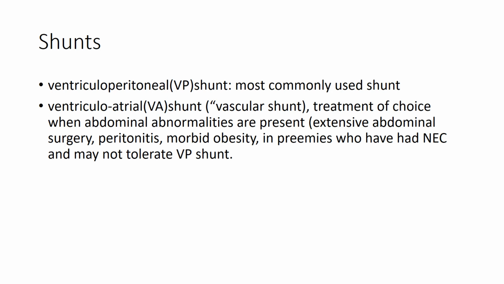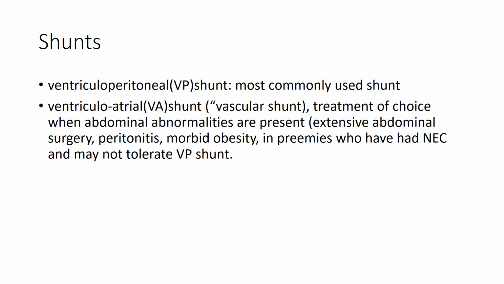Shunting is a procedure where you insert a device to create an alternative pathway. Okay, we'll see an example now. One of the most commonly used is a ventriculoperitoneal shunt, which is a shunt communicating the ventricles, the lateral ventricle mainly, down to the peritoneal cavity.